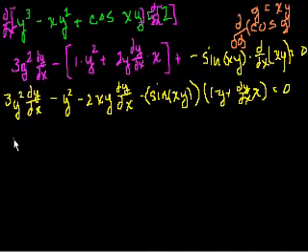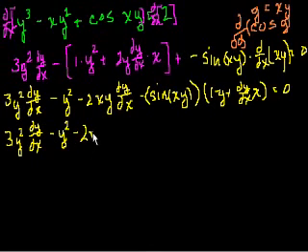So let's see what I can do. We have 3y squared dy/dx minus y squared minus 2xy dy/dx. Now this one's interesting. Let me distribute the sine of xy.